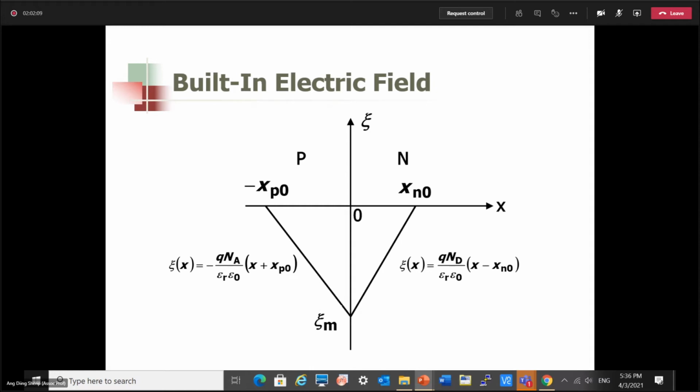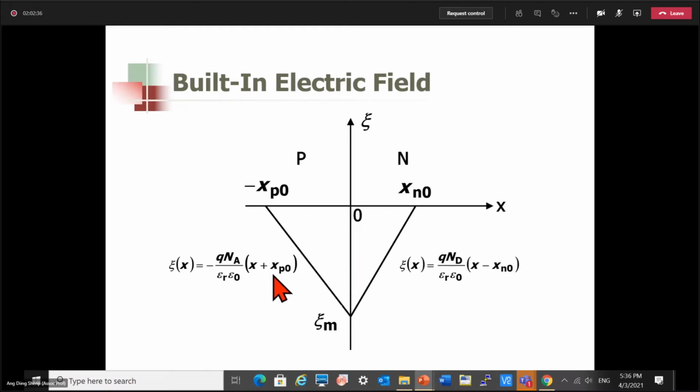So at this point, we have solved the electric field function. It can be quantified using these two expressions, but it is not quite complete yet because we still do not know the values of XP naught and XN naught. Although we know qNA and the permittivity, which is a property of the semiconductor, we do not know XN naught and XP naught.